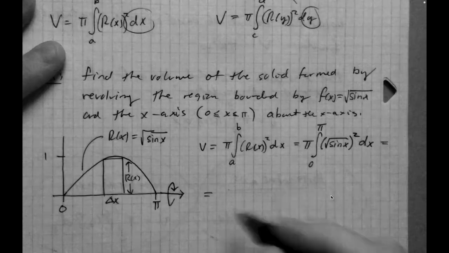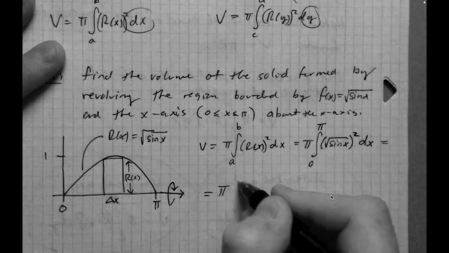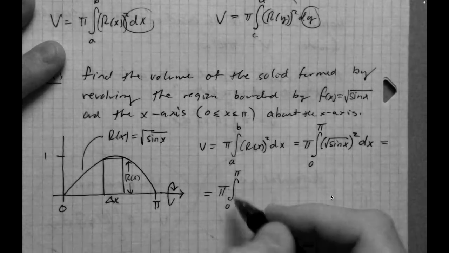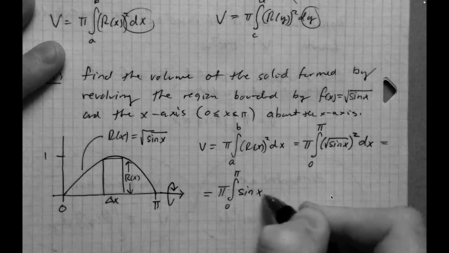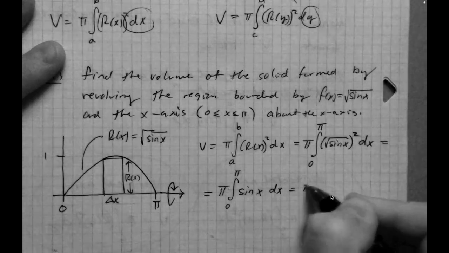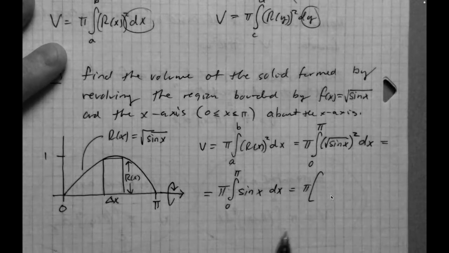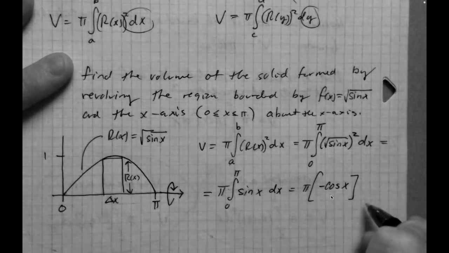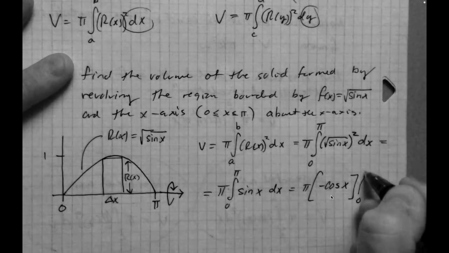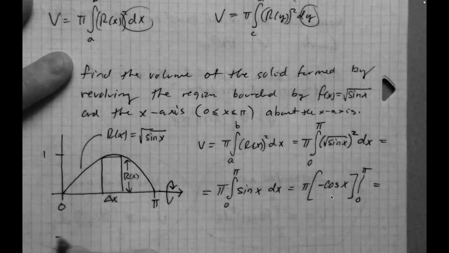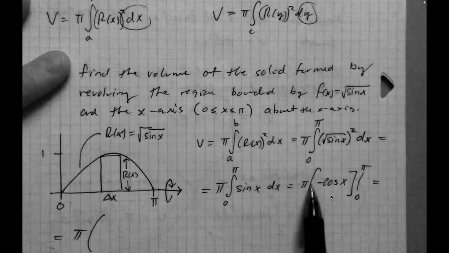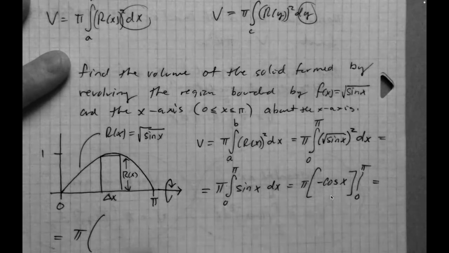So this one is nice and easy to do. The square of the square root means we're just integrating the sine function. And what do we get when we integrate the sine function? Well, we get negative cosine of x, and we're going to integrate from 0 up to pi. So we get pi on the outside, and then negative cosine of pi would be negative negative 1.